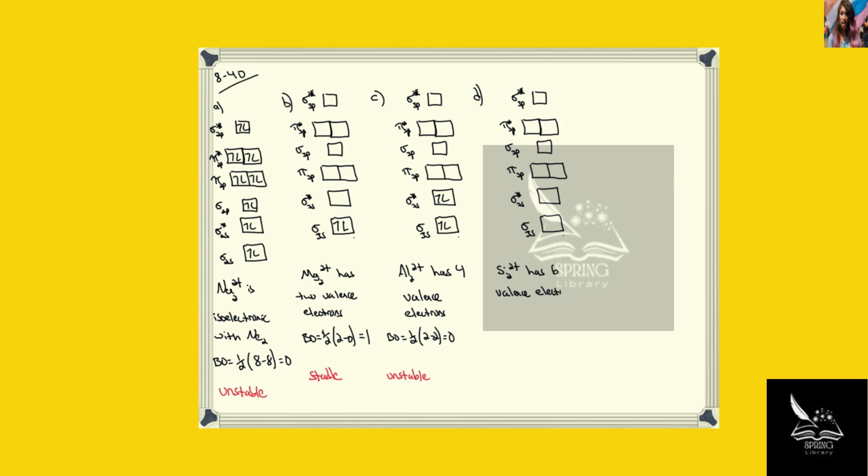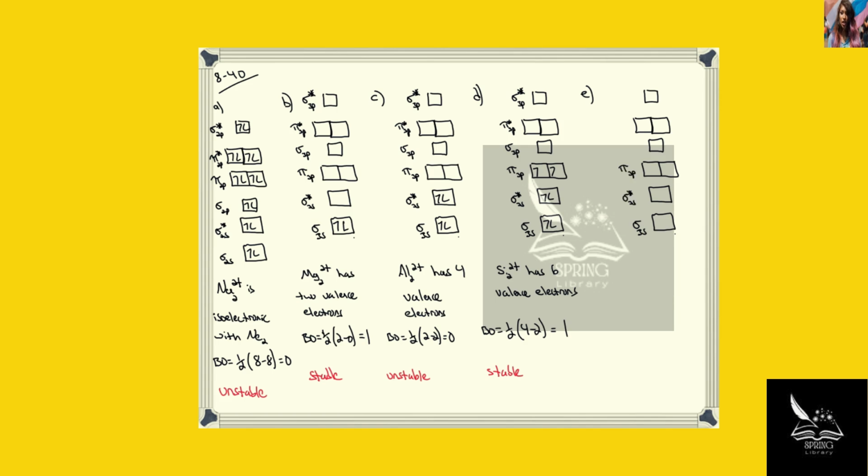We plug in all 6 valence electrons, 1, 2, 3, 4, 5, 6. According to Hund's rule, we're going to singly occupy the degenerate orbitals before doubling up. So bond order will be 1/2 of 1, 2, 3, 4, minus 2, which gives us a bond order of 1, so this is stable. Now we move on to phosphorus.